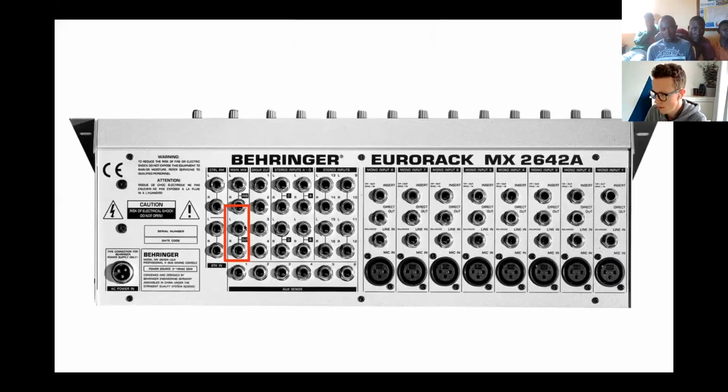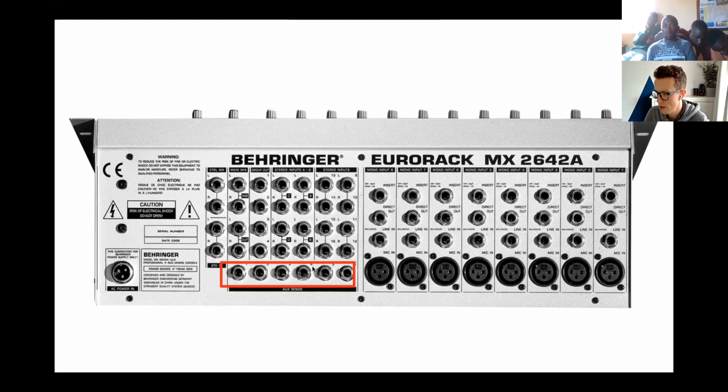So through your amplifier, on your main mix, this is where you would plug in your main speakers into these ones below here, left and right. So that is those two. And then we also spoke about the monitors on the stage.